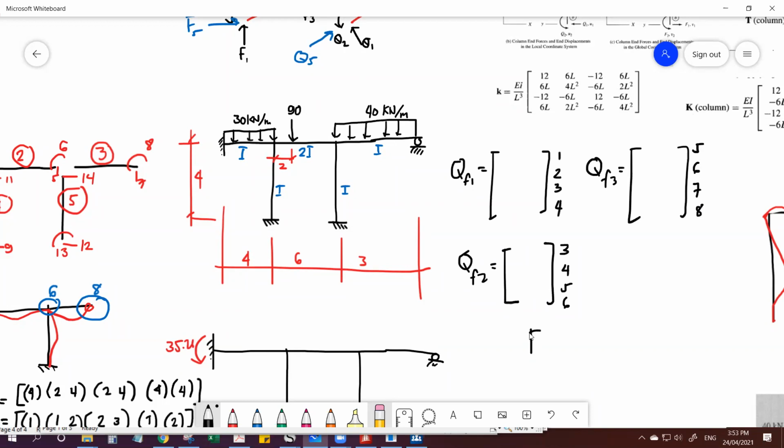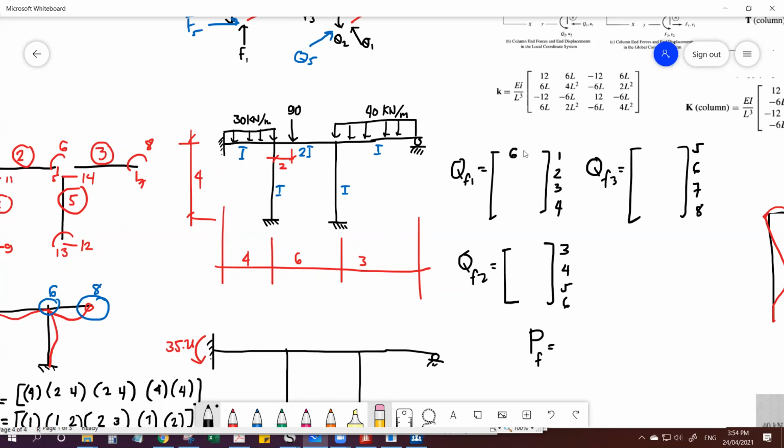So we can now have our PF. First, QF1 is 30 kilonewton per meter and length 4 meters. We know it's 30 times 4 over 2, for the vertical reaction. 30 times 4 over 2 is 60 kilonewton.